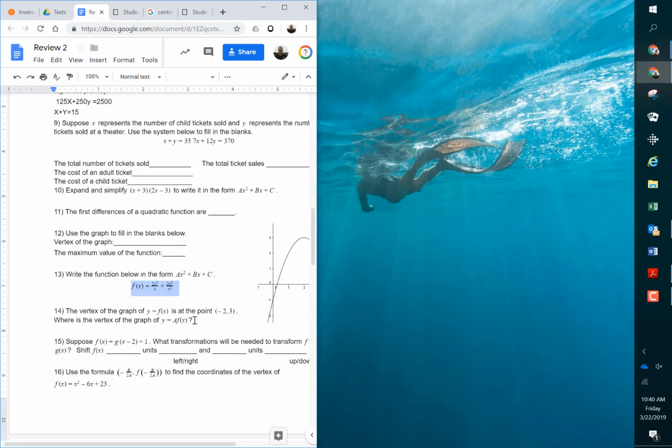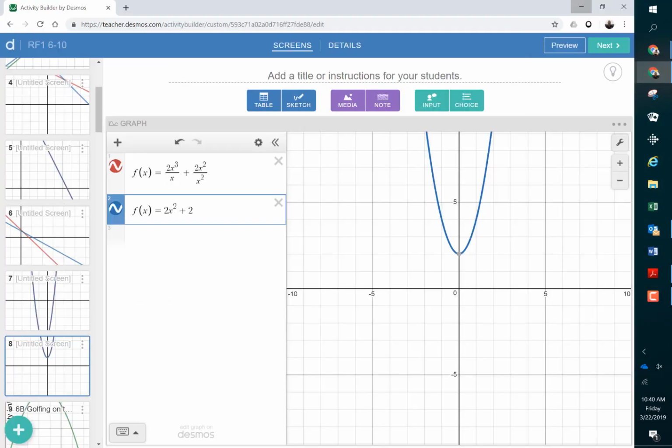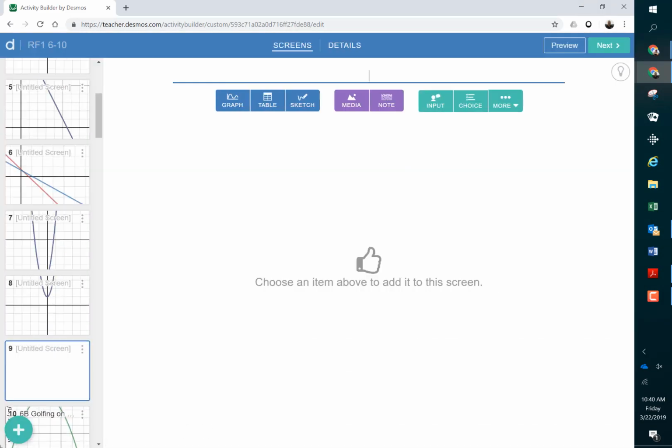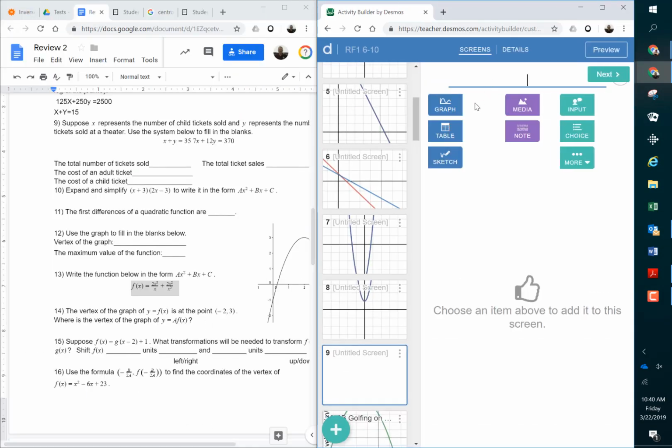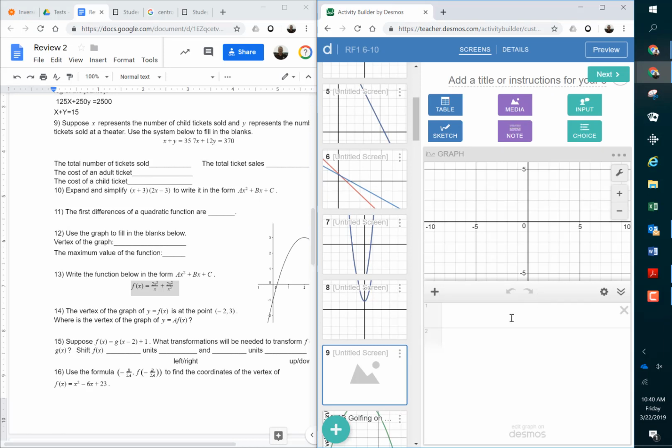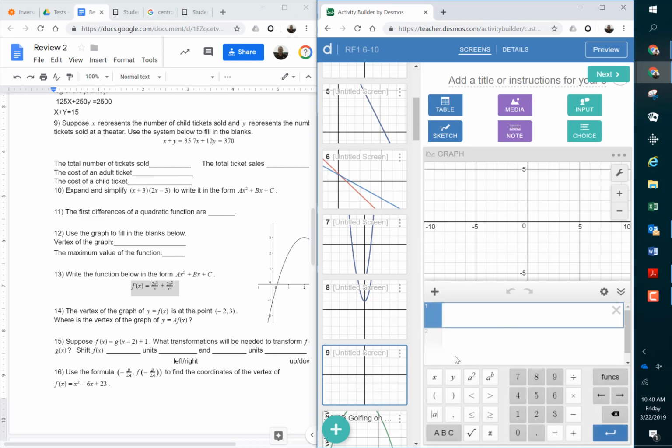The vertex of the graph of y equals f of x is at the point -2, +3. What is the vertex of the graph of a of f of x? Okay, so let's get the vertex form here. Add a graph. The vertex form of this graph.